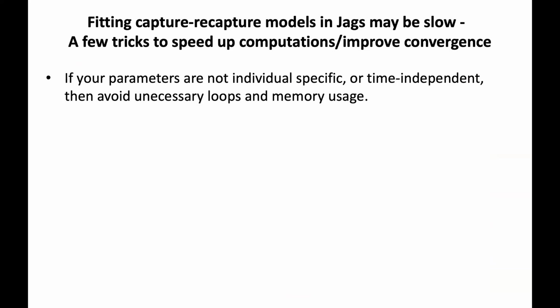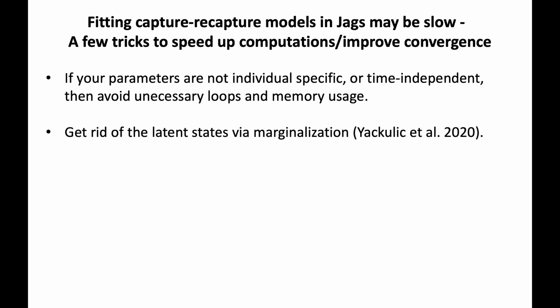You can get rid of the unnecessary loop on individual when you define the transition and observation matrices, and save some memory. The fitting process will be much faster. So don't forget about that.